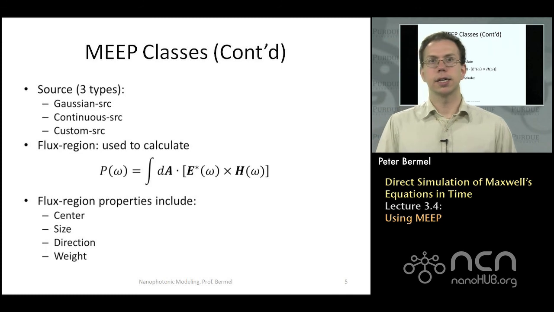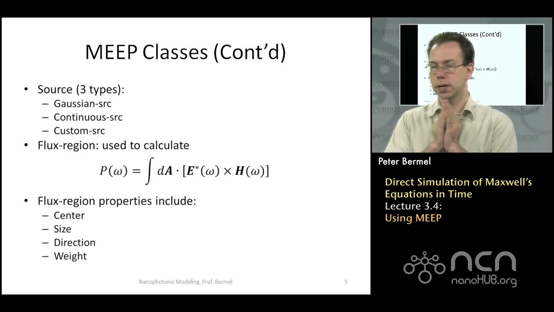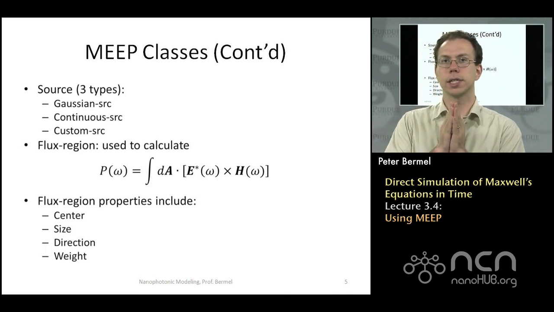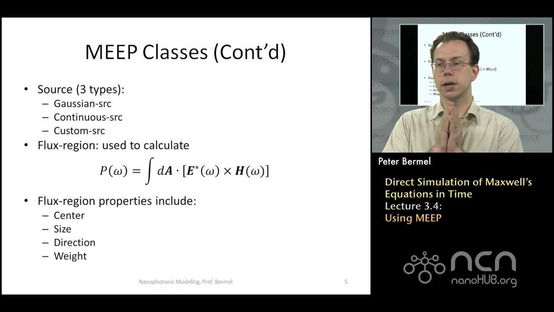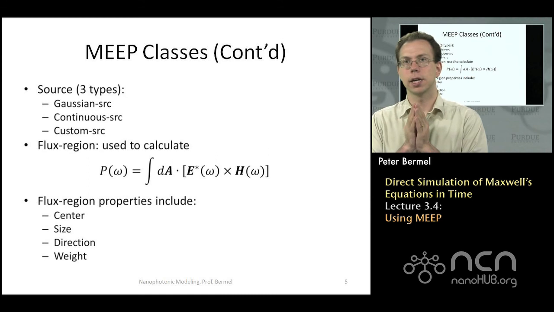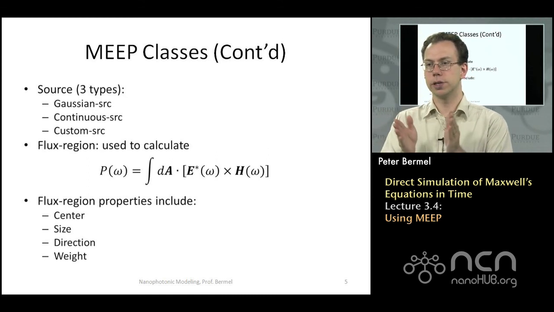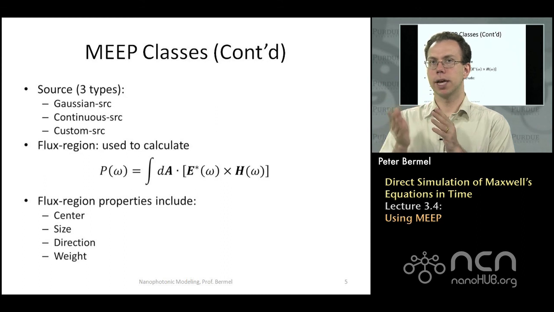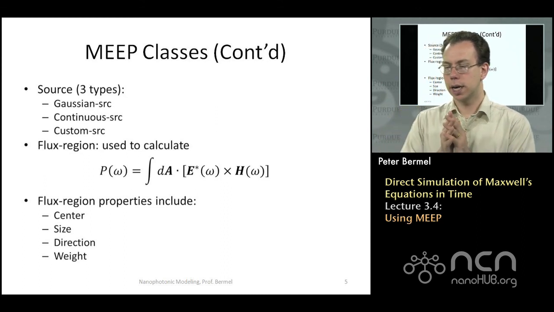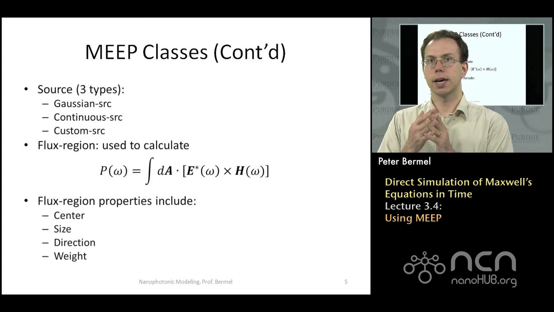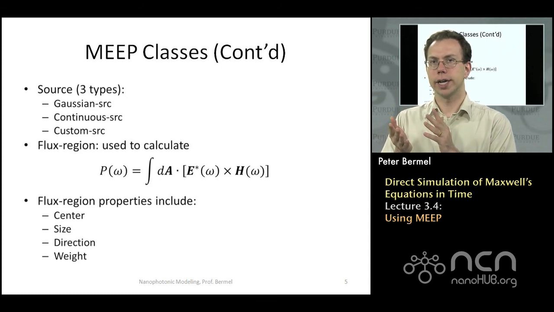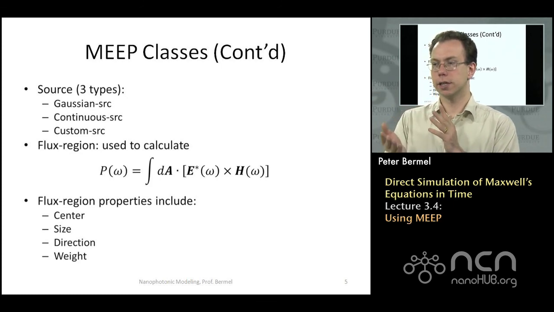Another key type is the source. There are three types of sources that are used. First of all, the Gaussian source, that's the most common choice, in which you would choose a source that would be Gaussian both in time and frequency domain. And of course, it's a well-known property that if you take the Fourier transform of a Gaussian function, you get another Gaussian function.